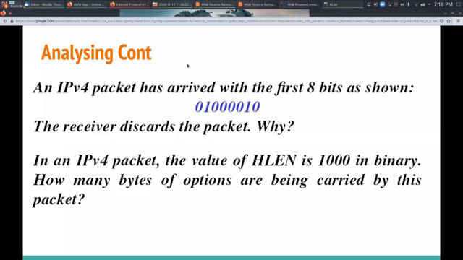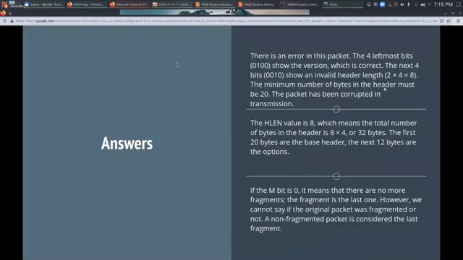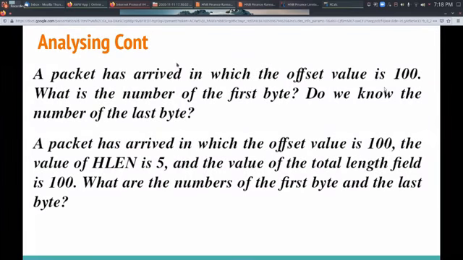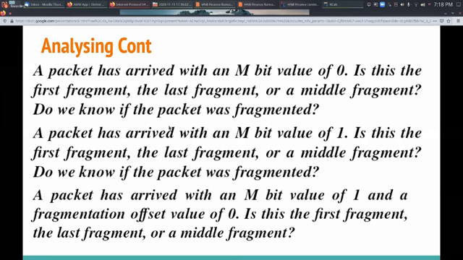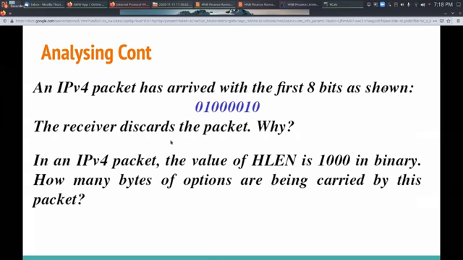So this is the first question. If you can just write down the questions, then I can go through the other questions as well. So we have 1, 2, 3, 4, 5, 6, 7. 7 questions available.